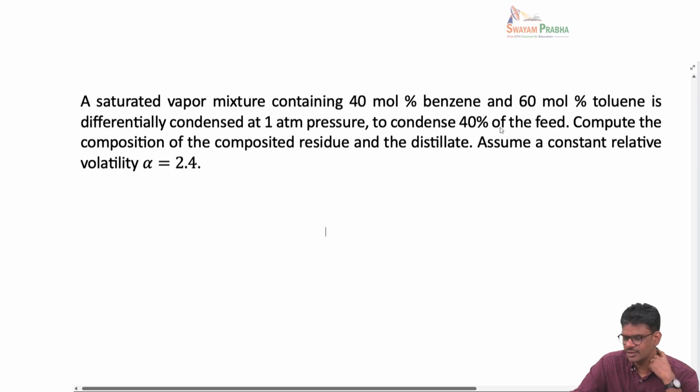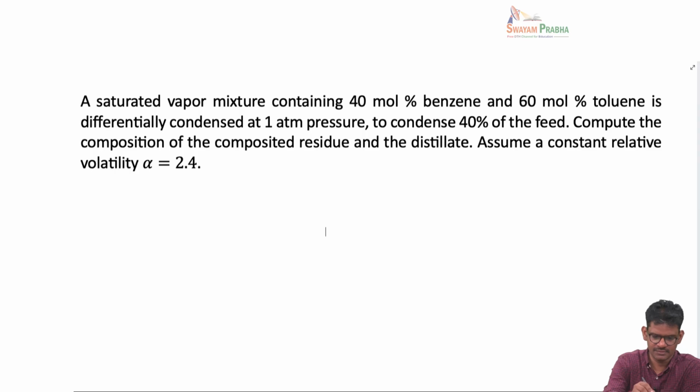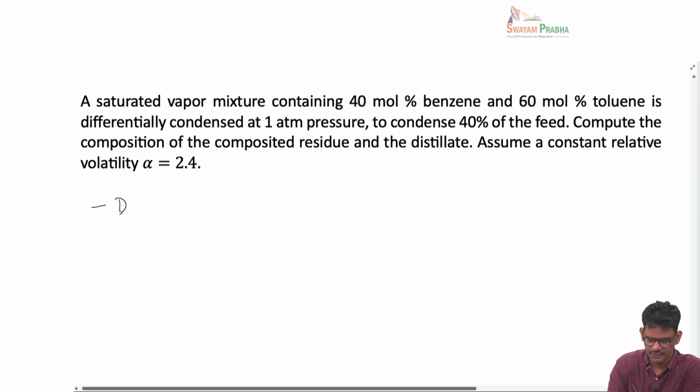To condense 40% of the feed, compute the composition of the composite residue and the distillate. Assume a constant relative volatility of 2.4. Okay, so this is a problem of differential condensation. So that's the key. Differential condensation.